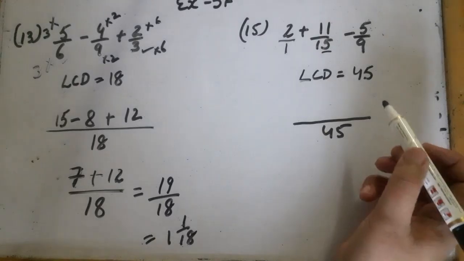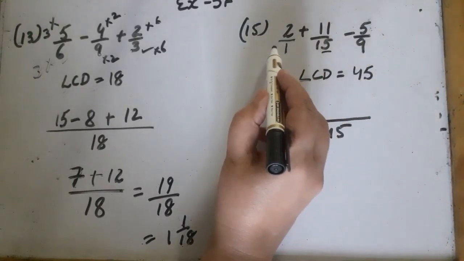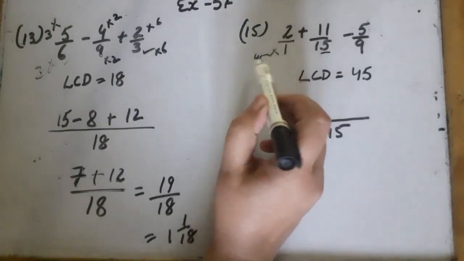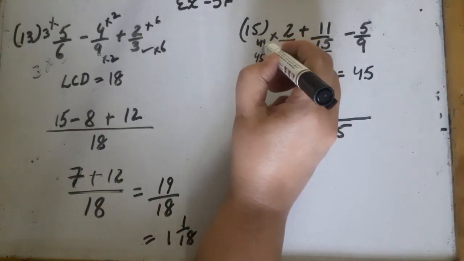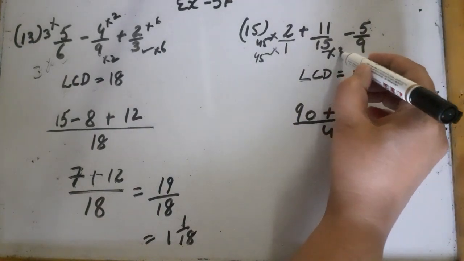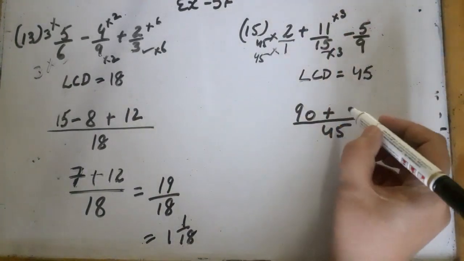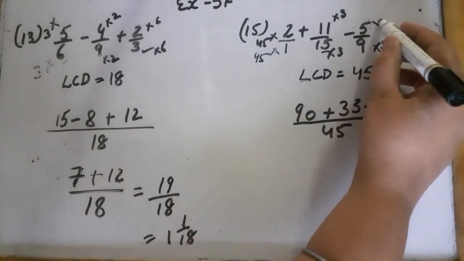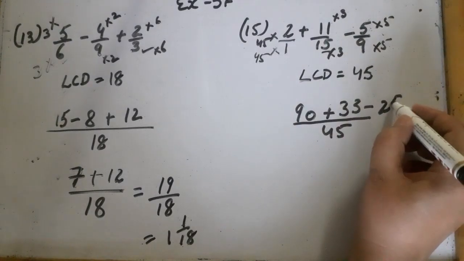Now I have to decide about the numerators. I can see 1 45s is 45, so 2 also I'll multiply with 45, so you get 90. Now 15 3s is 45, so 11 3s will be 33. 9 5s is 45, so 5 5s is 25.